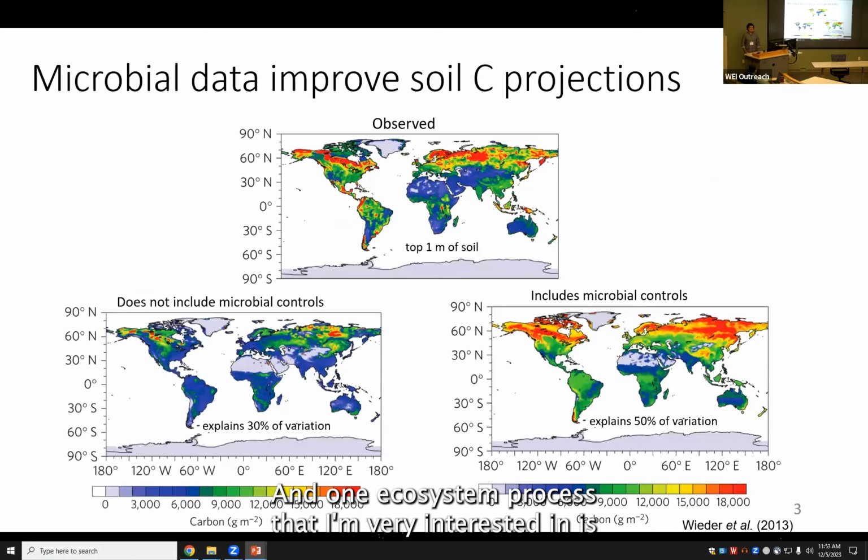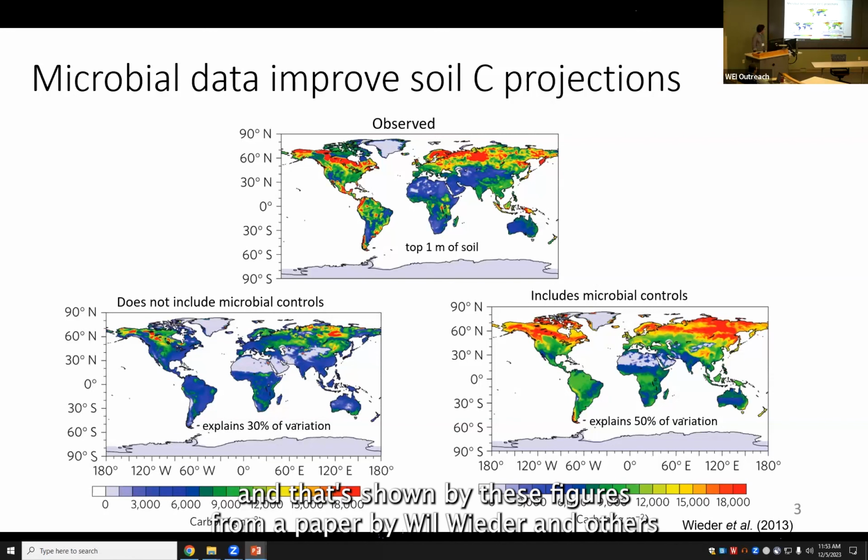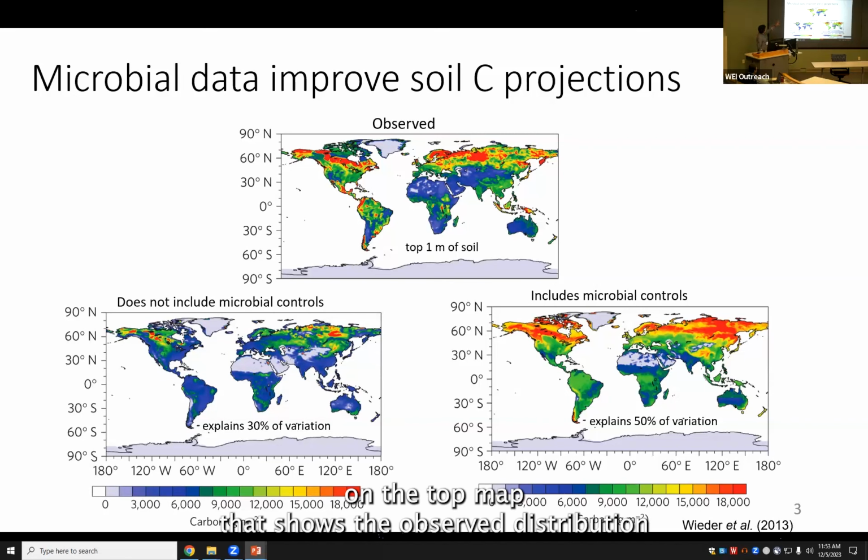And one ecosystem process that I'm very interested in is carbon sequestration, the movement of carbon. This is an emergent property of soil. Lots of things have to happen in order for soil to build or lose carbon. And it is very well established at this point that the inclusion of microbial data improves predictions of future soil carbon. And that's shown by these figures from a paper by Will Weider and others. On the top map, that shows the observed distribution of soil carbon in the top meter of soil.